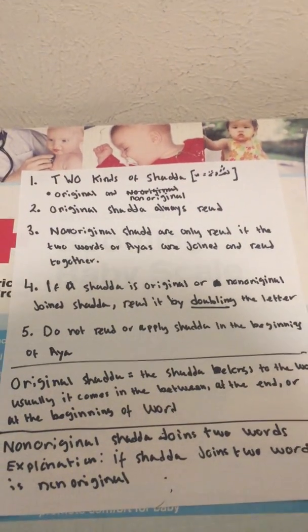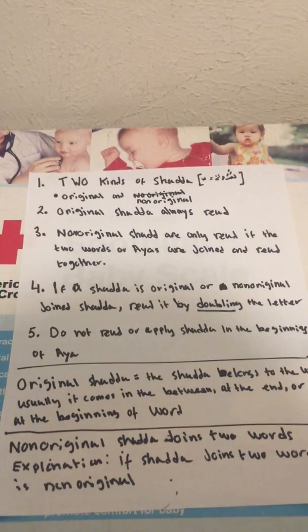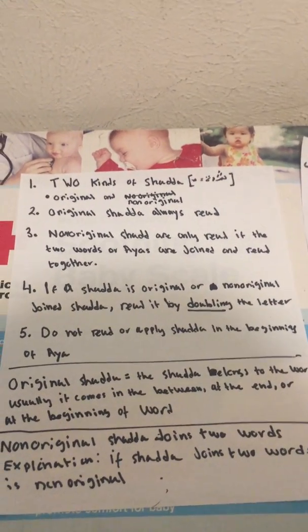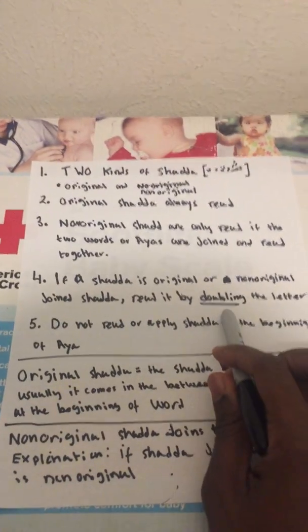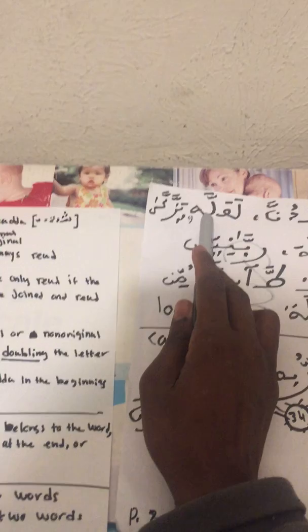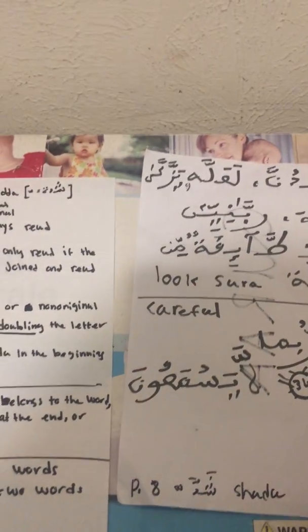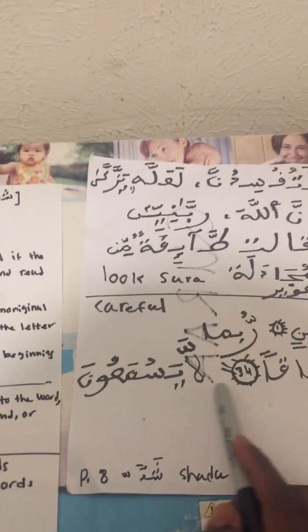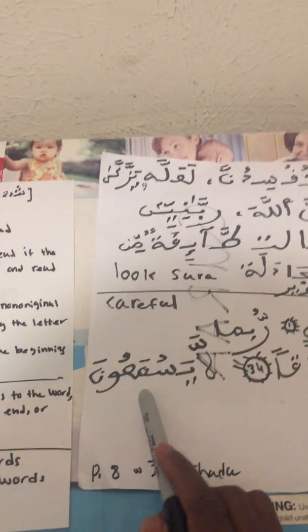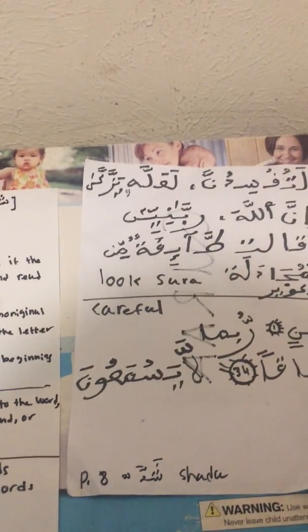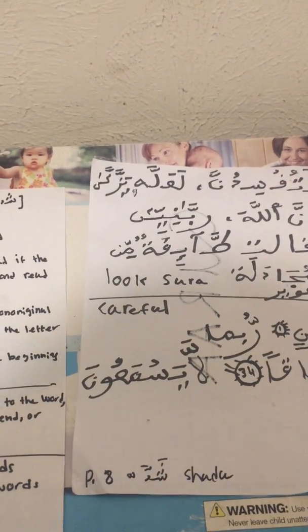Non-original shadda, but joined with another word, you should read it by doubling, as we did right here. لعله or ضحاكا لا يسمعون. I emphasize it more so you can see.